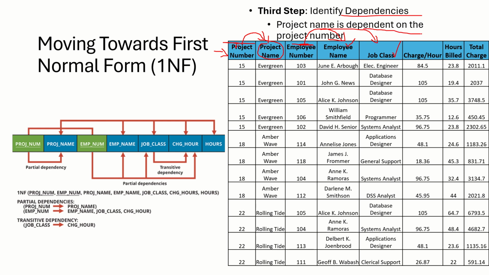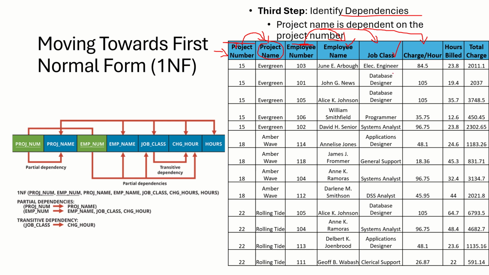Also, can you tell how much charge for this employee? You can tell, right? So based on the employee number, you can tell employee name, classification, and how much you charge hourly. Okay?